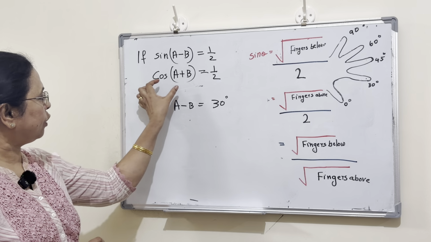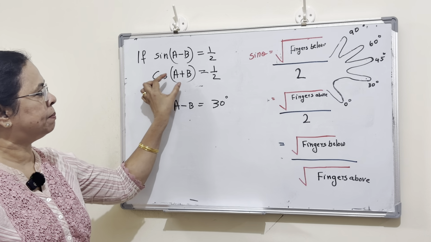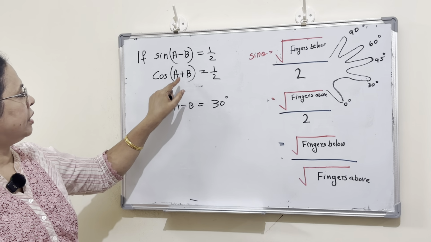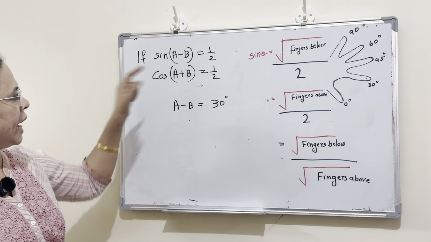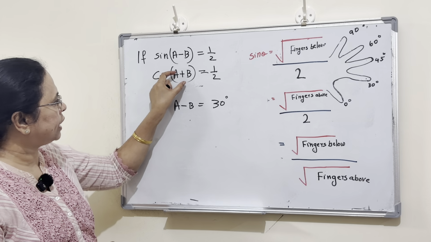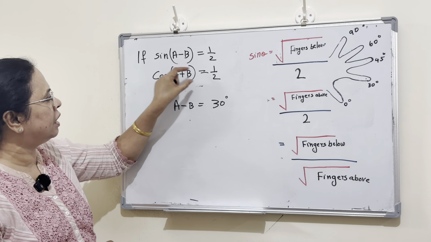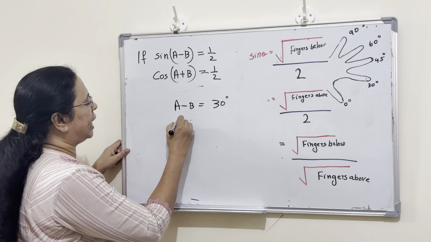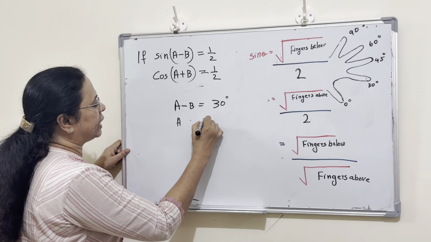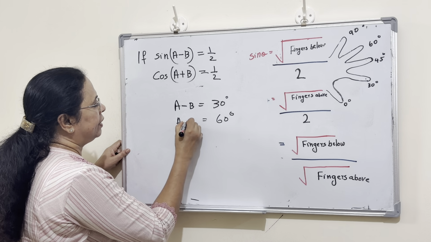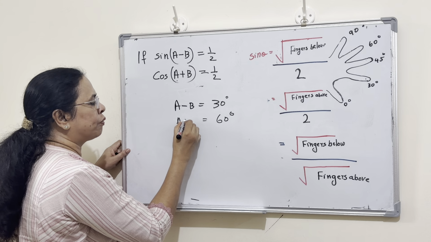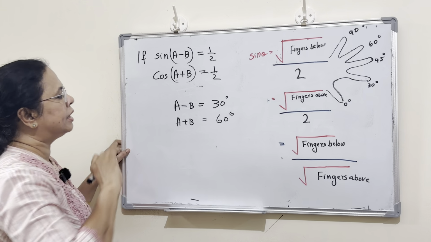So now if I go for cosine of A plus B, of course you should understand this A plus B is an angle. Cosine of that particular angle should be half. From this calculation we understood that when that angle is 60 degree, only then cos 60 is half. So of course A plus B should be how much? 60 degree.